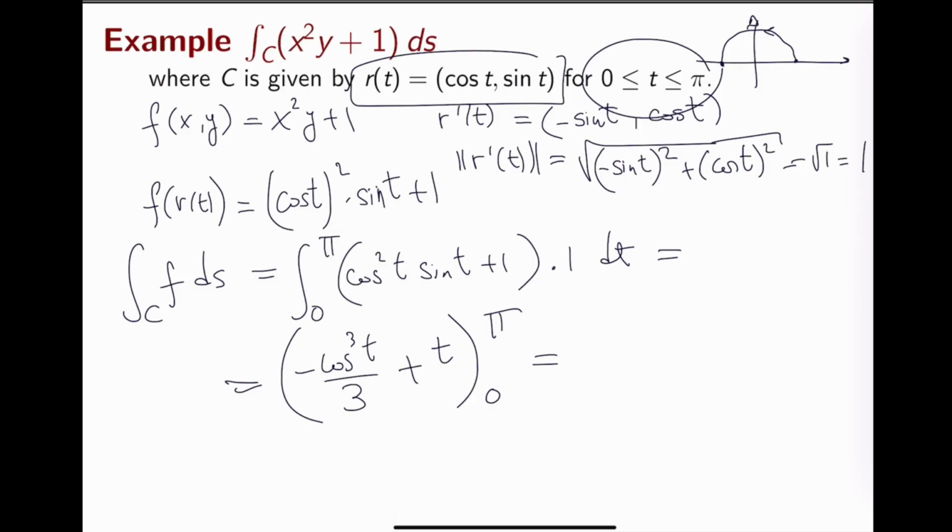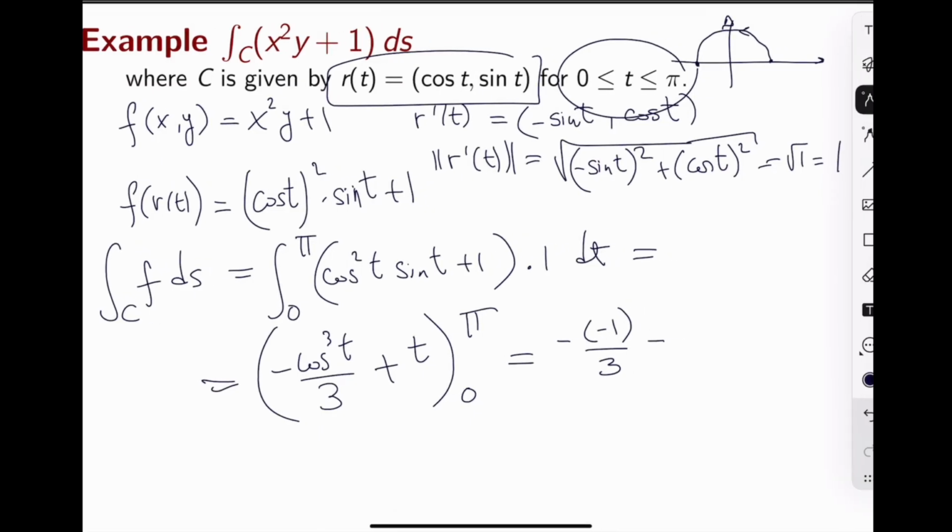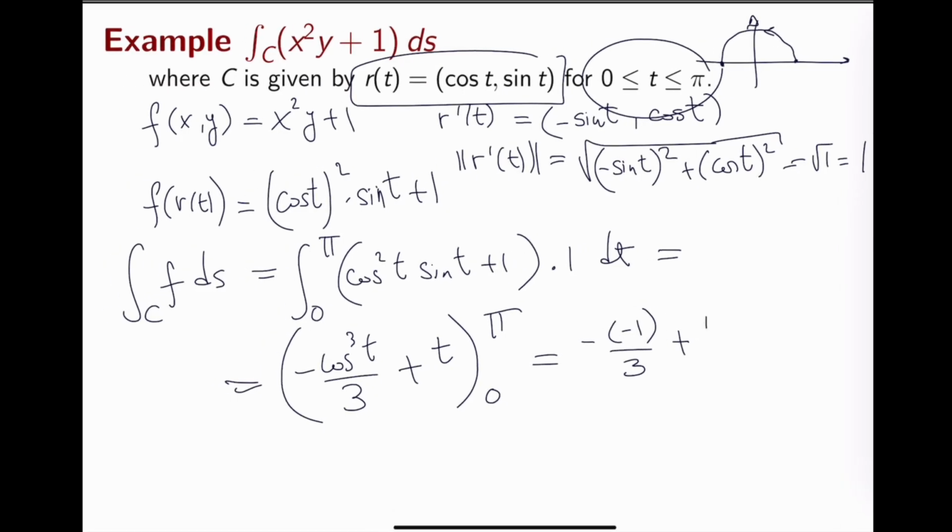Evaluating at pi, we will have minus (minus 1) over 3 plus pi. This is the whole expression evaluated at pi. And now we subtract the whole expression evaluated at 0. Cosine of 0 is 1, so that will be minus 1 over 3, and then plus 0.